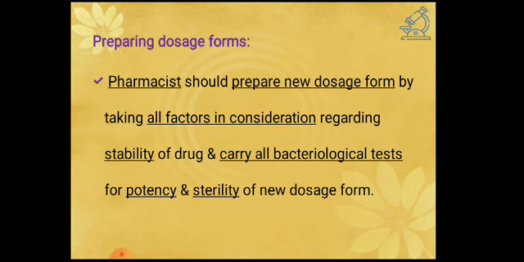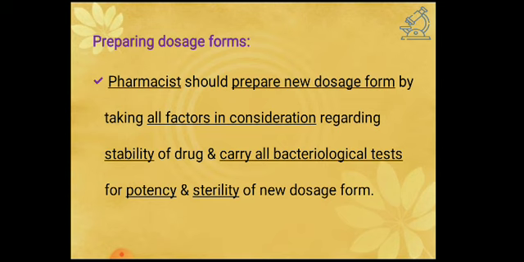Next point, preparing dosage forms. Pharmacists should prepare new dosage forms by taking all the factors into consideration, like the stability of the drugs, which is definitely the most important criterion before choosing the dosage form.